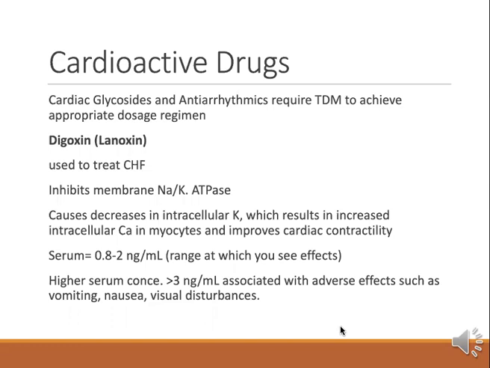So the range at which you would see effects of the drug is 0.8 to 2 nanograms per milliliter. Higher serum concentration over 3 nanograms per milliliter is associated with adverse effects like vomiting, nausea, and visual disturbances.